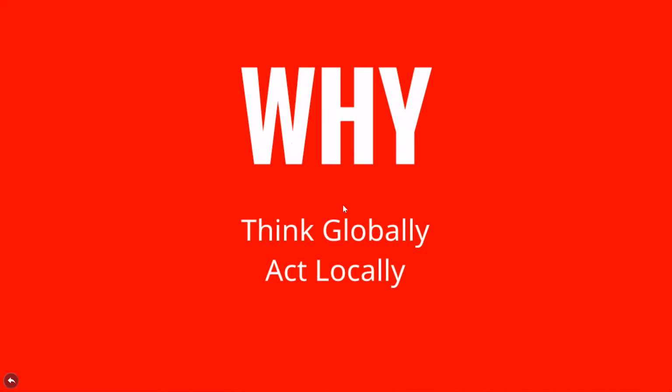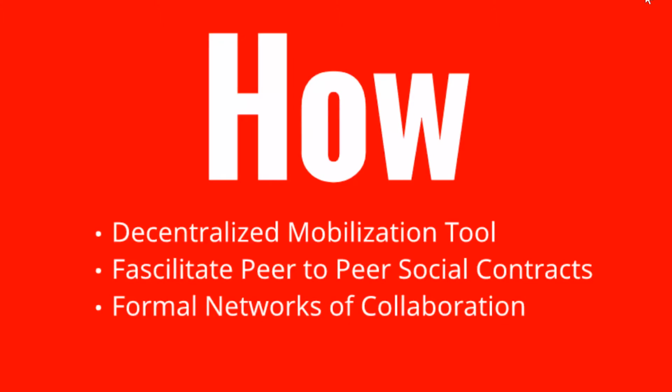Basically, the reason polyocracy exists is to help us build a better future together, right? So polyocracy is three things. The first is a decentralized mobilization tool around causes we believe in, right? The second thing is to facilitate peer-to-peer social contract formations around people so that they can work towards these causes they believe in, right?